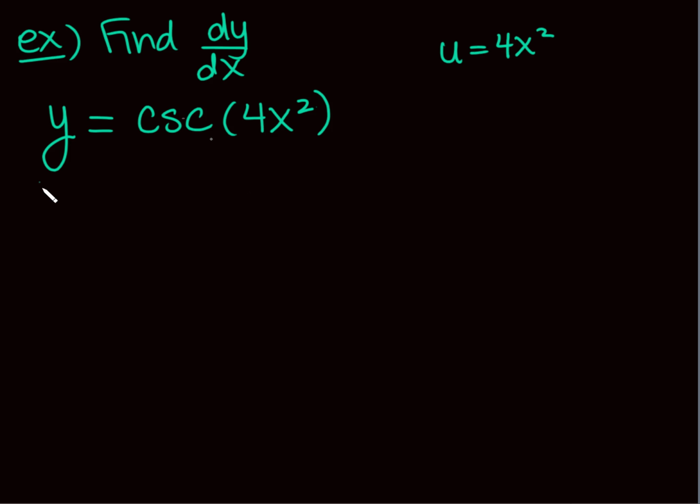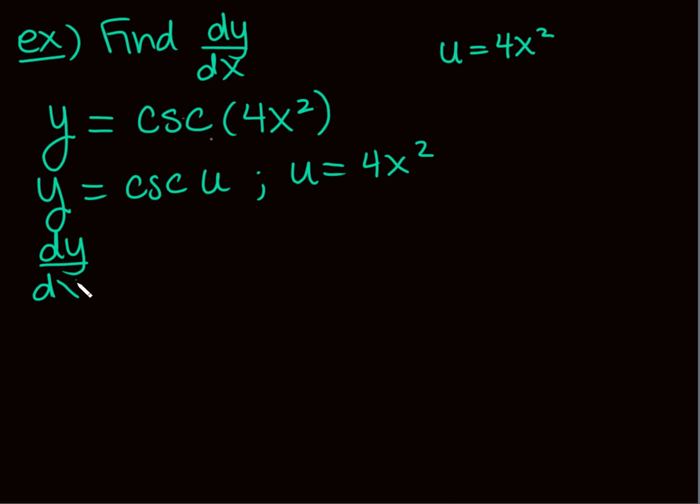If I let u equal 4x squared, then what is y? y is the cosecant of u, and u is 4x squared. I wanted to do one like this because these can be a little bit tricky when cosecant spits out more than one term, right? So it looks a little bit weird sometimes.